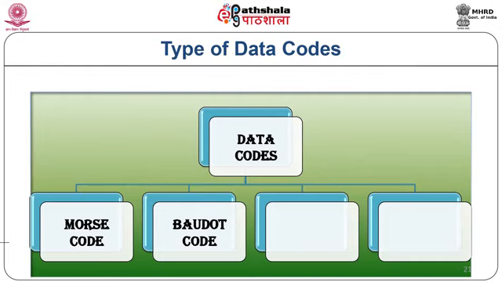The next data code is the most widely used data communication code, known as the American Standard Code for Information Interchange, or ASCII. The ASCII code was developed by a committee of the American National Standards Institute (ANSI) for binary data coding.